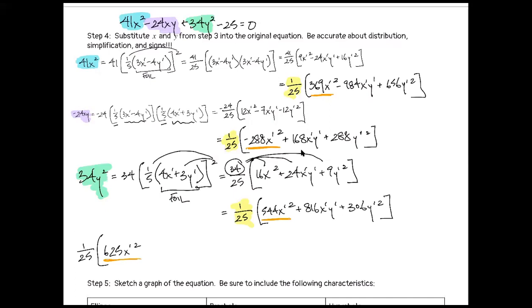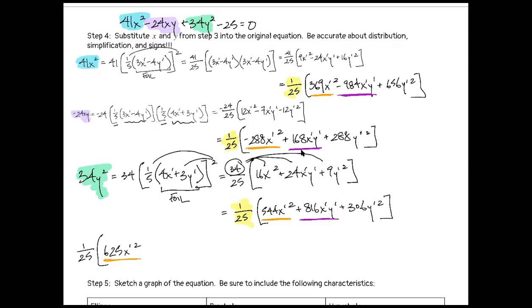Now let's look for the x prime y primes. I have a negative 984, a positive 168 and a positive 816, that adds up to 0 x prime y prime. That's a good thing.